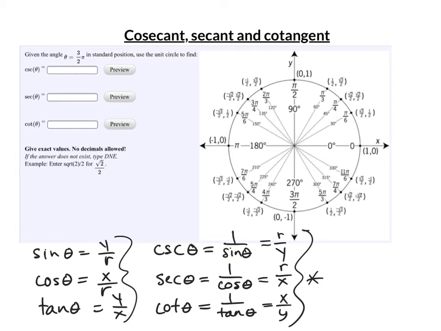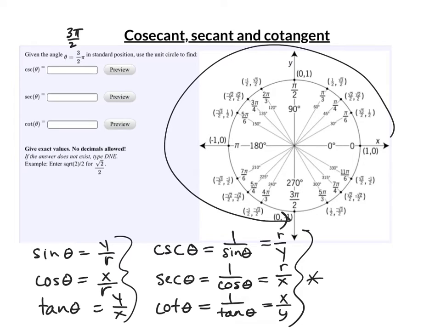So this first one is the cosecant, and our angle is 3 pi over 2. Notice that it's not written that way, but that's the same thing as 3 pi over 2, because the pi is over 1 and 3/2 pi. So we're going to go clear around in the unit circle, and we're dealing with this point right here.